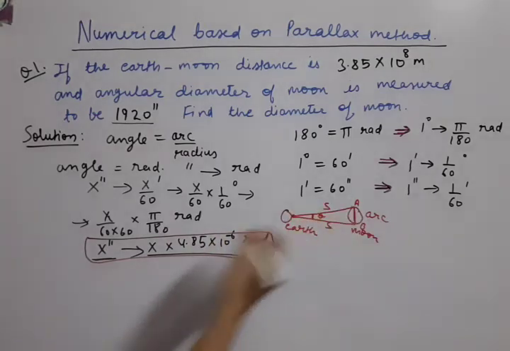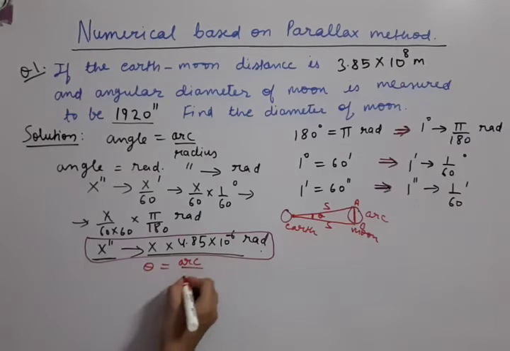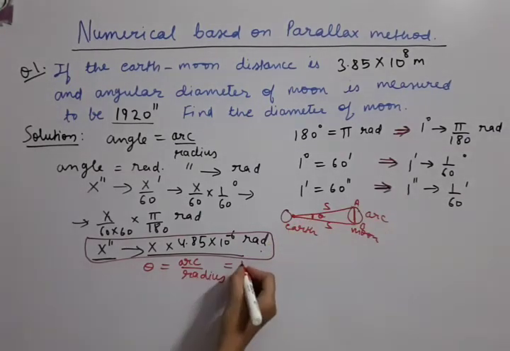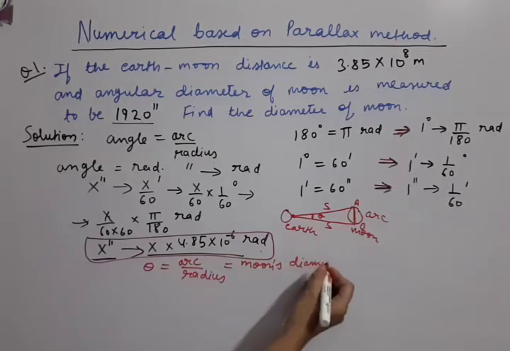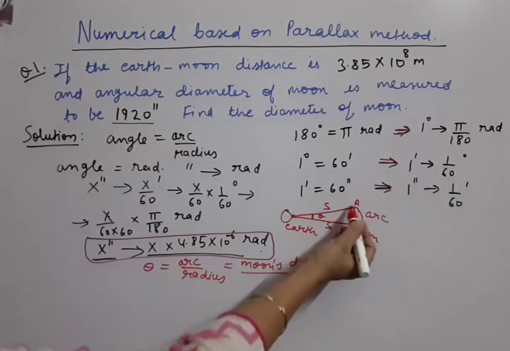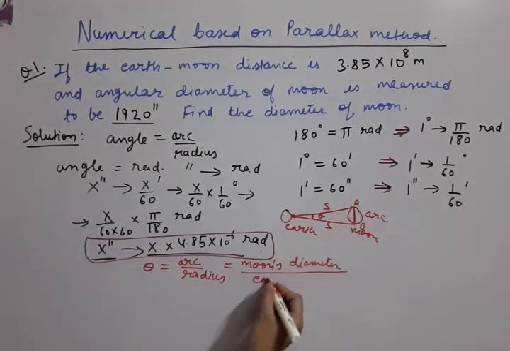So how to connect all these things? Theta equal to arc upon radius. Arc is the moon's diameter, and radius is this thing, the Earth moon distance.